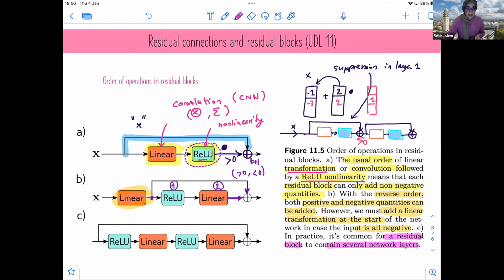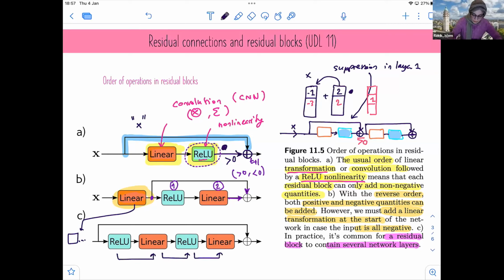So instead of doing two single operations, you can stack up operations. You can start with a linear transformation somewhere at the beginning, depending on whether the data is negative or positive, and then you can stack these up. Of course, you don't start with the linear layer and the ReLU for the reason I mentioned earlier. You start with a ReLU and then a linear layer, and you can stack these up.